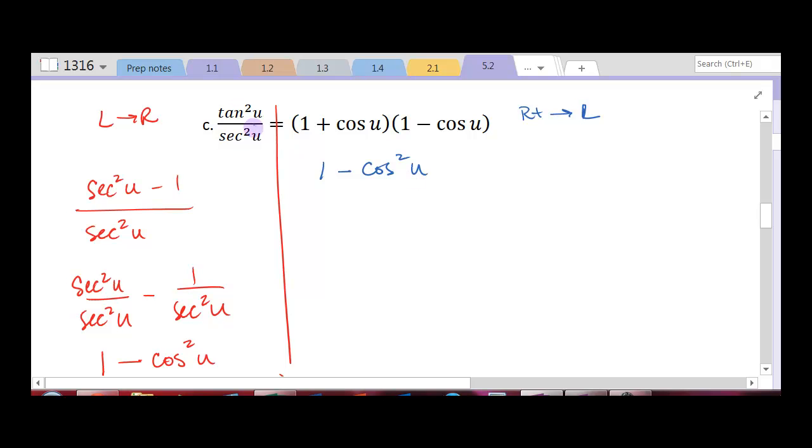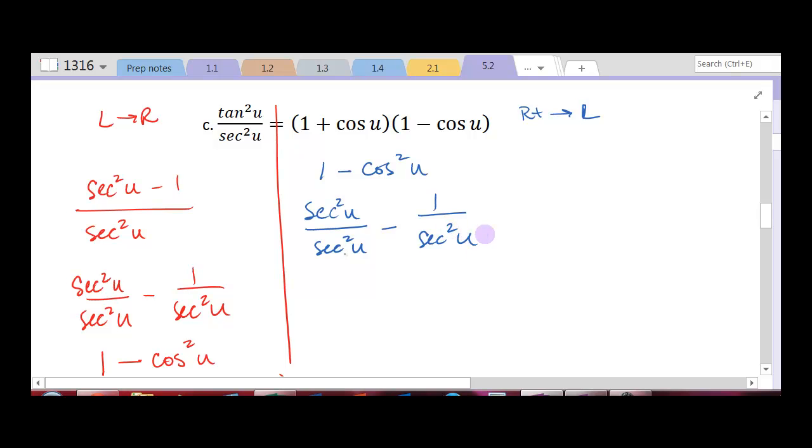Well, if I know that I have to ultimately get secant in the denominator, I need to start to realize that cosine and secant are related by their reciprocal identity. So what if I took this and rewrote that as secant squared over secant squared, because that's 1, minus 1 over secant squared.